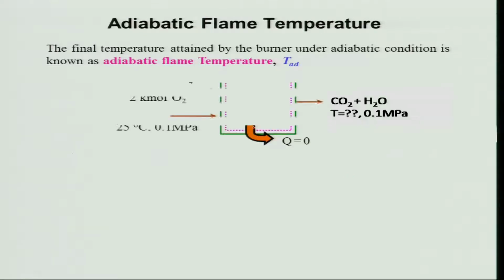It can be a burner, for example, in which 1 kilomole of methane is entering the burner, where it is reacting with 2 kilomoles of oxidizer. Of course, all these reactants, that is methane and oxygen, are at 25 degrees Celsius and 0.1 megapascals, right.